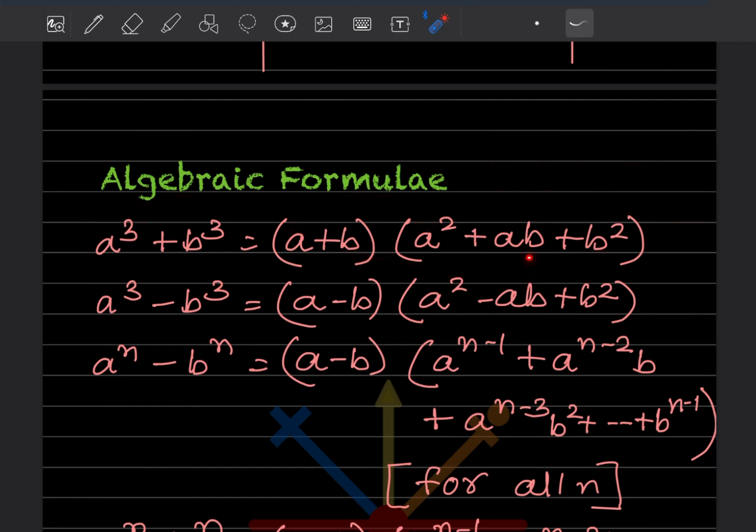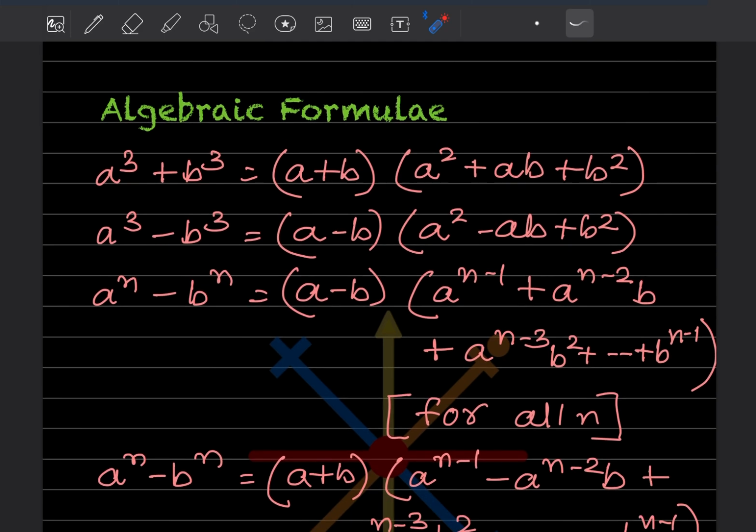And the middle term is ab, you have to put plus ab. Now the same one in place of this is minus. So here will be minus, here will be minus, rest everything is going to be the same. Now if it is a raised to n minus b raised to n, that will be a minus b, and this is the formula you have to learn.